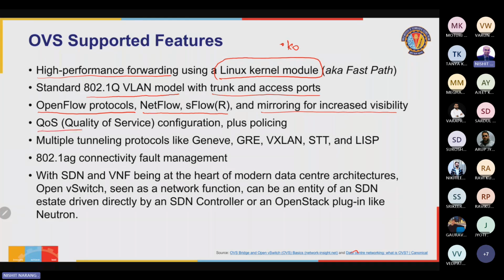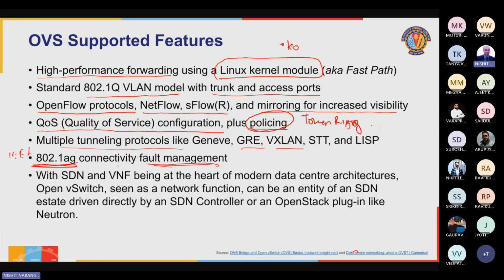It supports all QoS configurations and traffic policing. Typically layer 2 networks have token ring or leaky bucket kind of algorithms that they use for traffic policing, all part of OVS. It supports tunneling protocols like GRE, VXLAN, and some others. It supports the IEEE 802.1ag standard, which is actually focused on connectivity fault management.